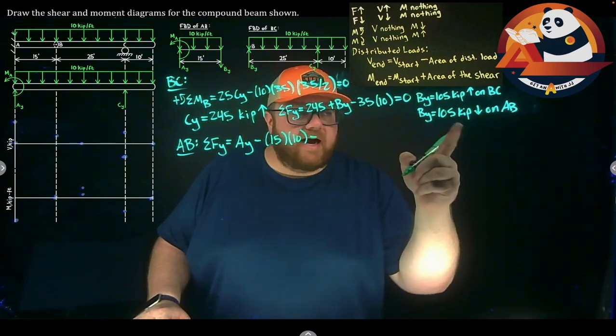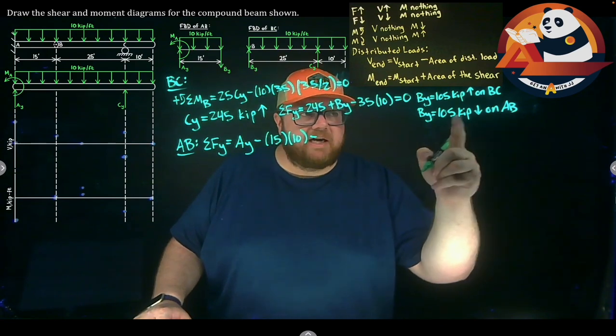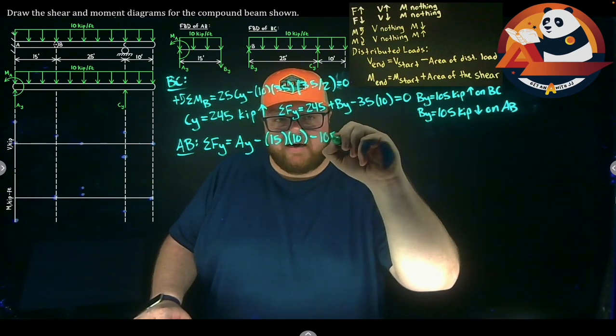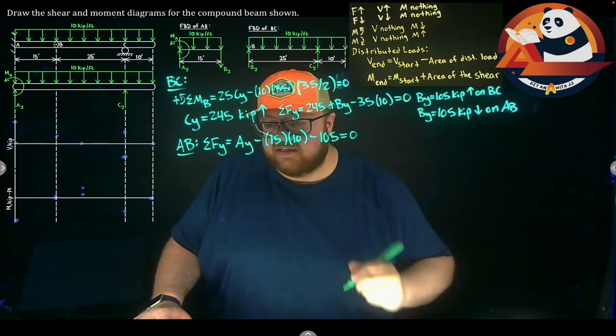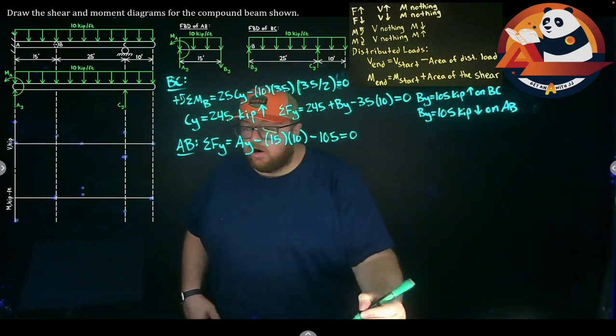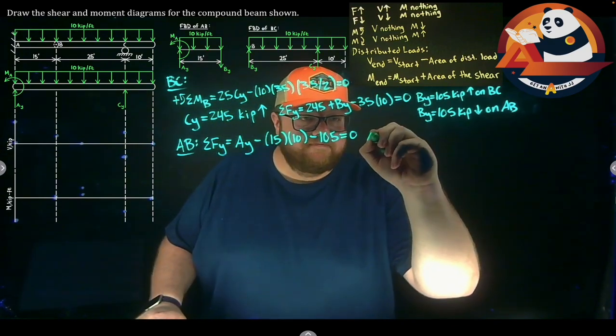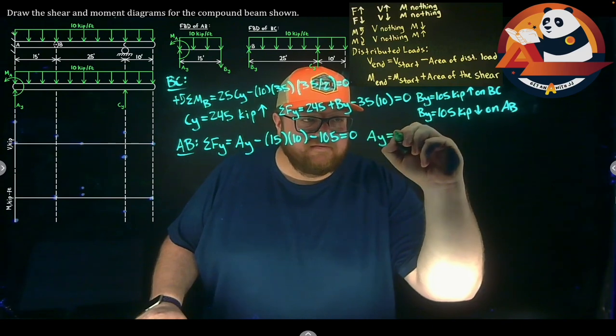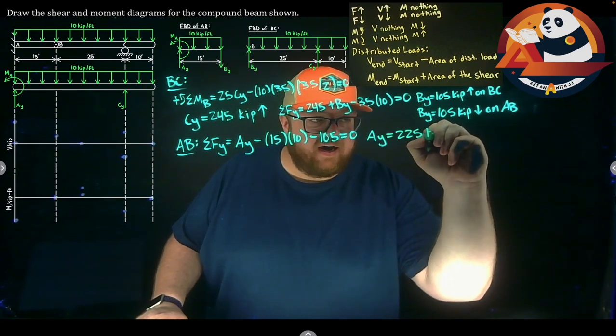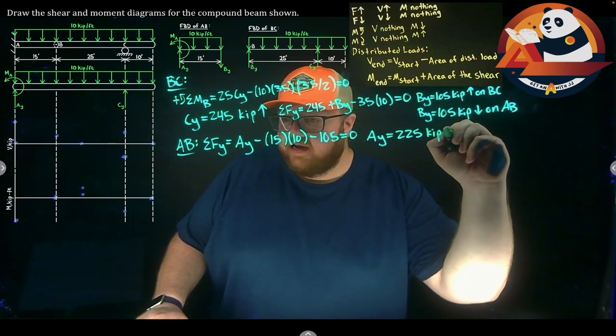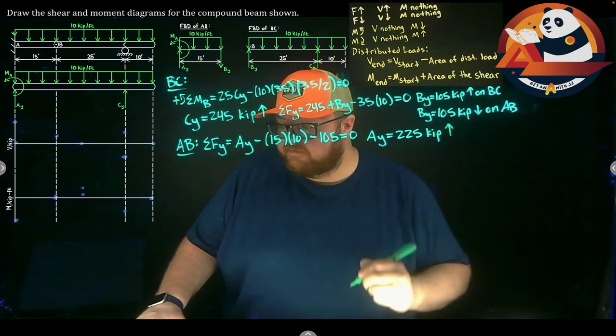And I'll need to subtract out BY because we're working with the AB piece, going down. Minus 105 gets us to 0. Or AY is 225 kips. And it is going up.